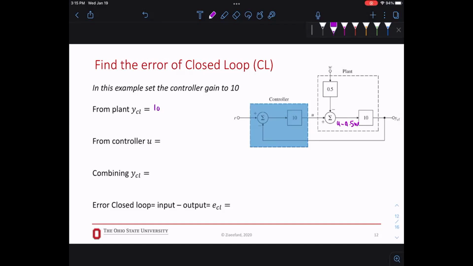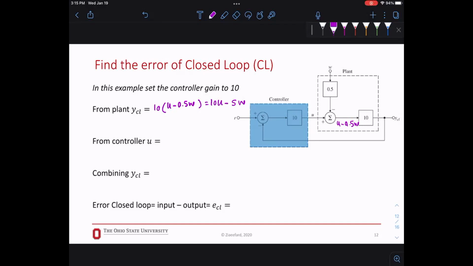So it's going to be 10 times U minus 0.5 W, and I can write that as 10U minus 5W. All right, so that's one part. So I found the YCL from my plant.